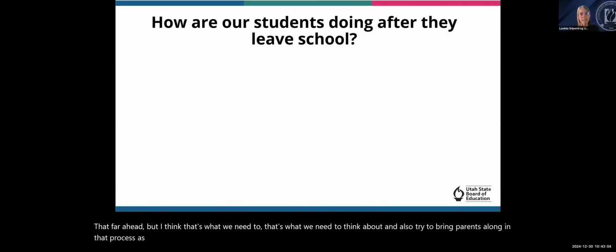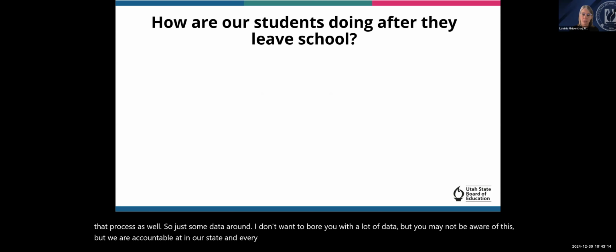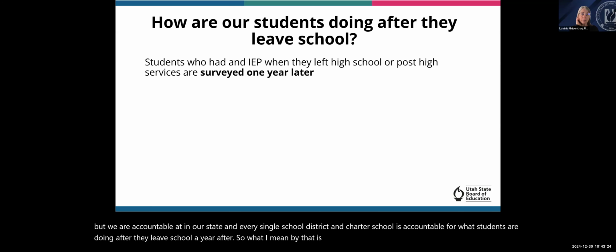So just some data around, I don't want to bore you with a lot of data, but you may not be aware of this, but we are accountable in our state, and every single school district and charter school is accountable for what students are doing after they leave school a year after. So what I mean by that is it's called the Post-School Outcomes Survey.